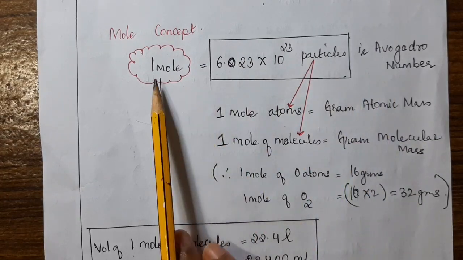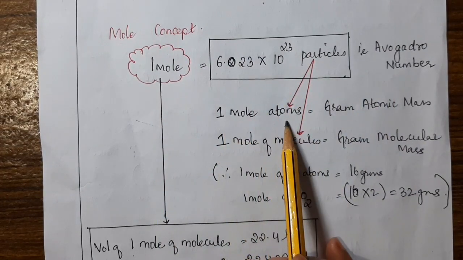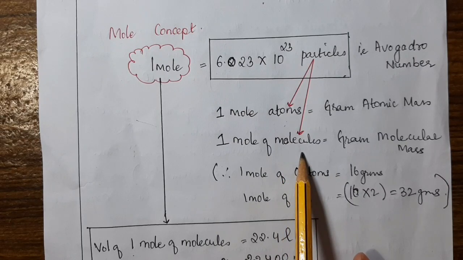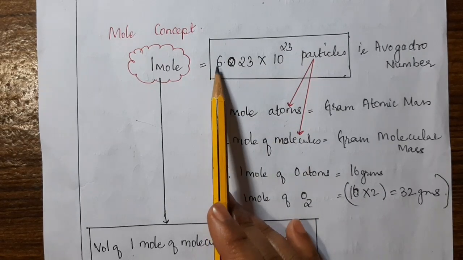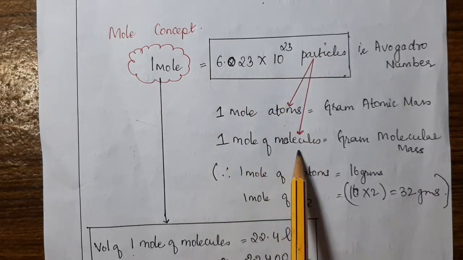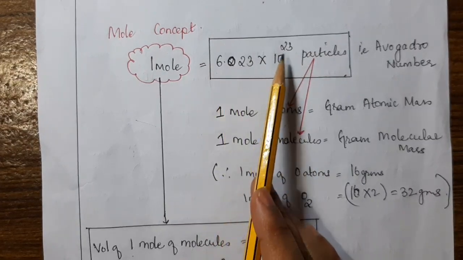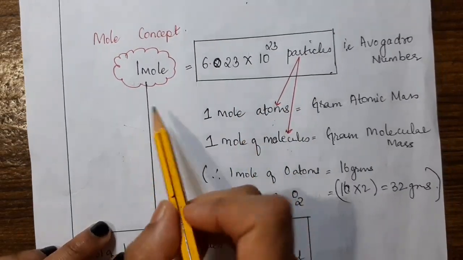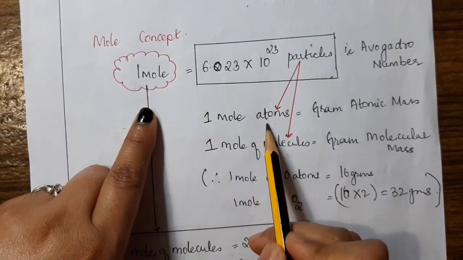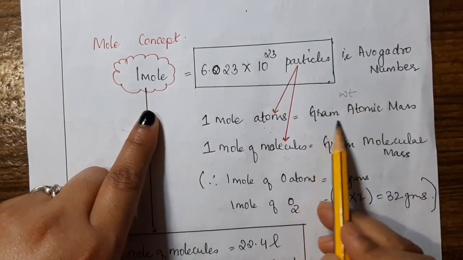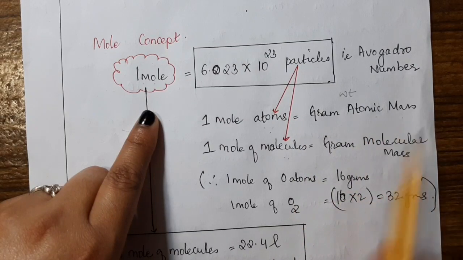And this 1 mole can be 1 mole of atoms or 1 mole of molecules. 1 mole of atoms means 6.023 into 10 to the power 23 atoms. 1 mole of molecules means 6.023 into 10 to the power 23 molecules. Then the weight of 1 mole of atoms would be its gram atomic mass.